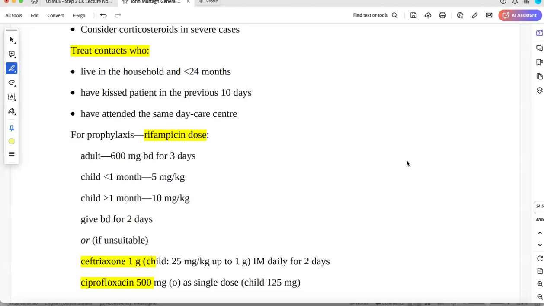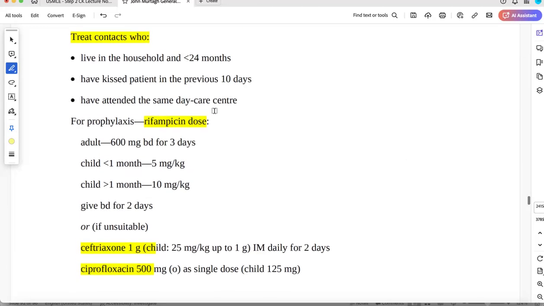So, contact treatment. So let's say your patient has been diagnosed with meningococcal meningitis. You have treated that patient with antibiotic. What about the contact? So contacts need to be treated as well.